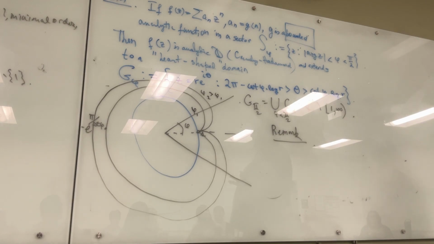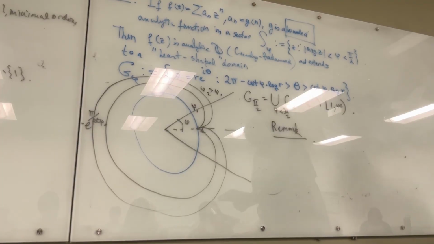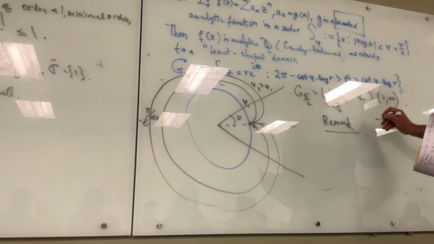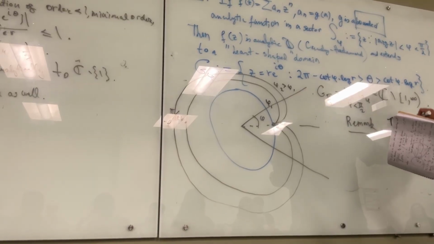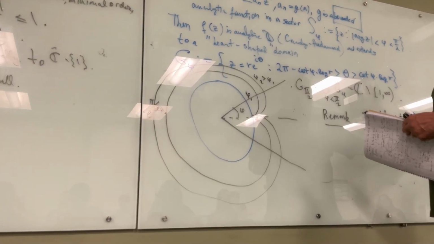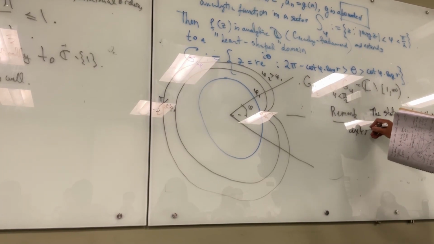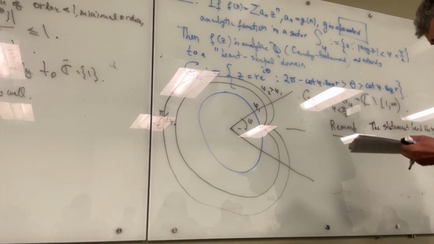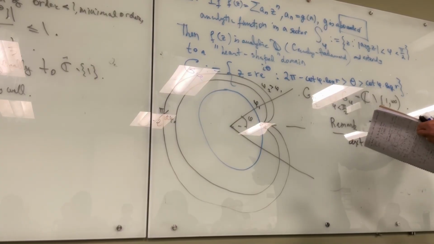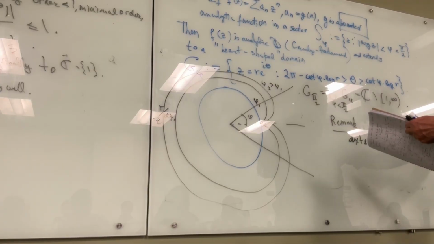Bounded is a bounded function in the sector. They could be defined elsewhere, not necessarily only there. Well, let me write down the remark, and you'll see the answer, I think, to your question. So the statement and the proof extend to G having polynomial growth.